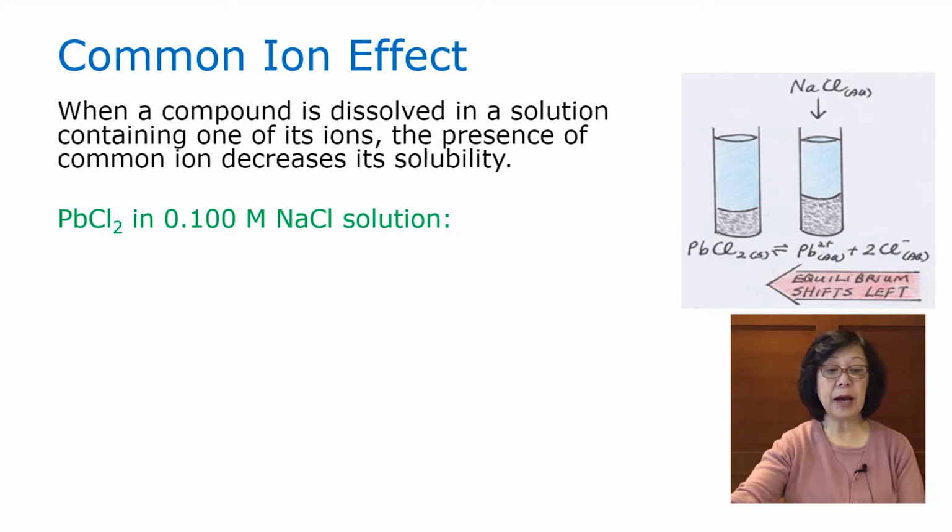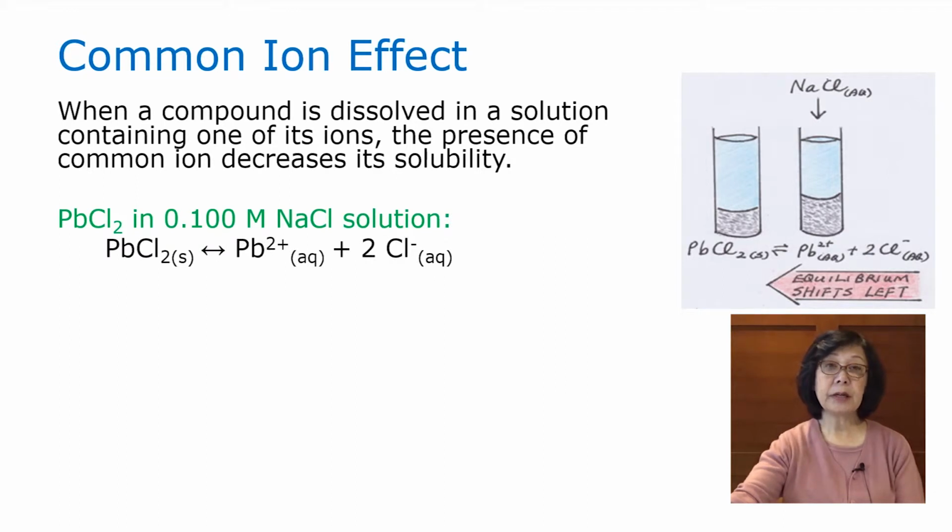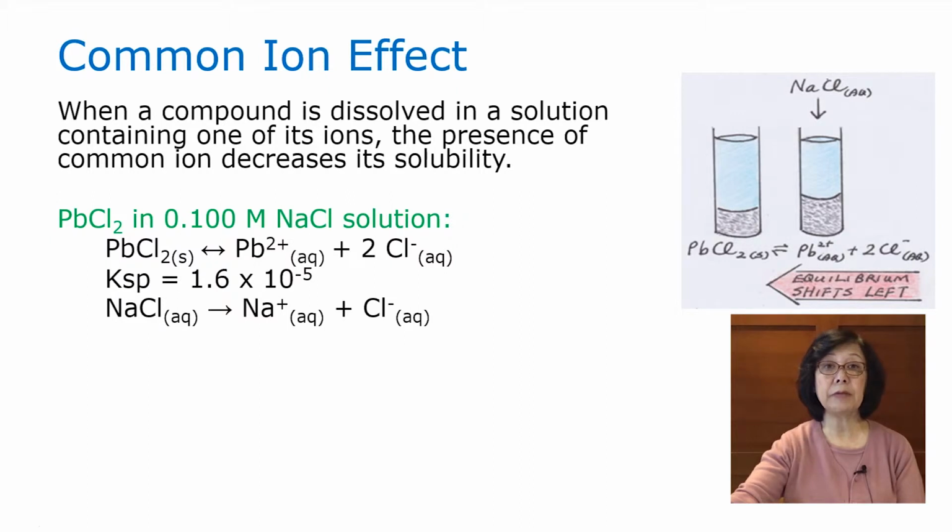Now, let's say we have lead chloride, and to that we add 0.1 molar sodium chloride. Lead chloride is sparingly soluble. We write that at equilibrium: the equation is lead ion and 2 moles of chloride ions formed. Ksp is 1.6 times 10 to the minus 5. Now sodium chloride, which is highly soluble in water, goes almost to completion, represented by a one-way arrow.